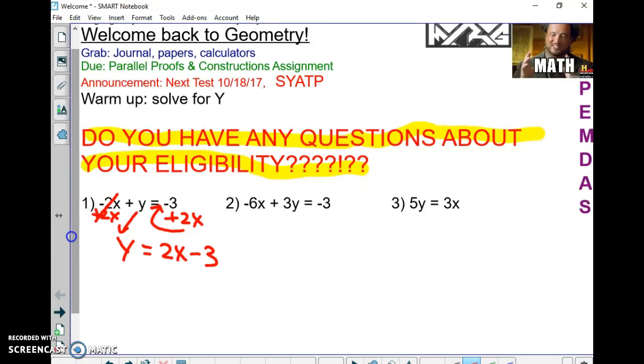Is Y, on number 2, is Y by itself? No, right? Is Y by itself here? No. So first thing I need to do is move over this loner, this X term. So this negative 6X, what is the opposite of negative 6X? Positive, right?